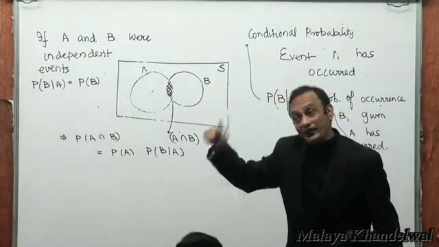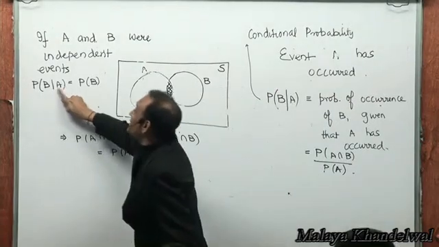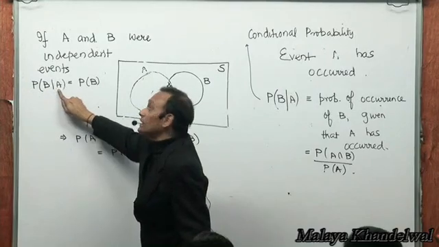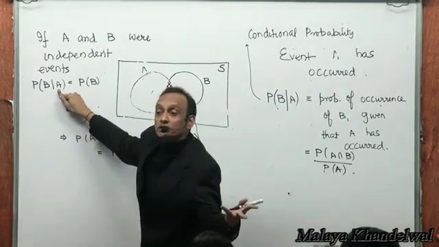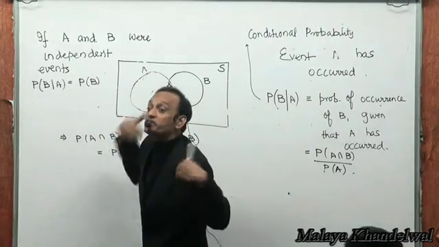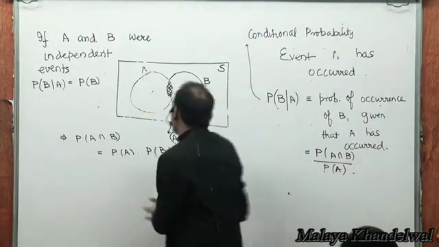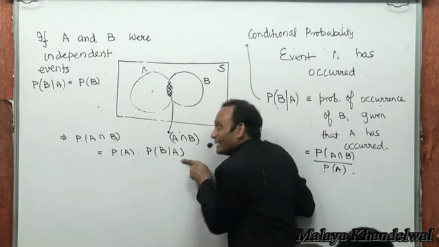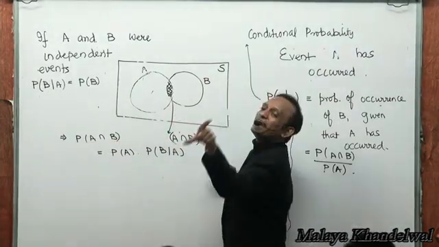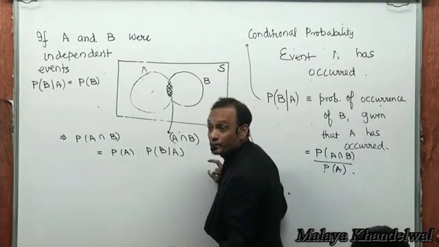Because A and B are independent events, this will simply become P(B), and then P(A intersection B) would be P(A) into P(B) for independent events.